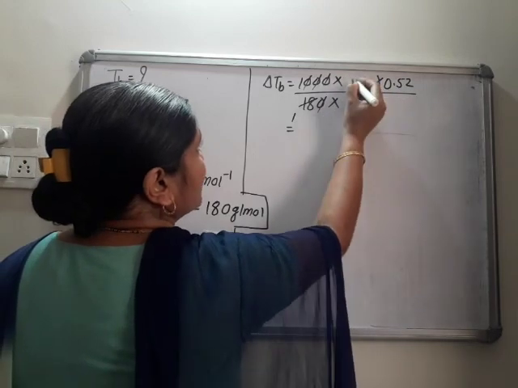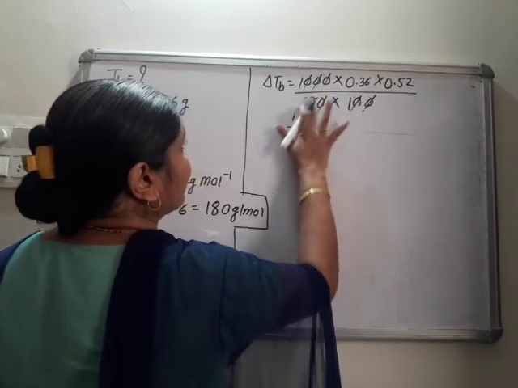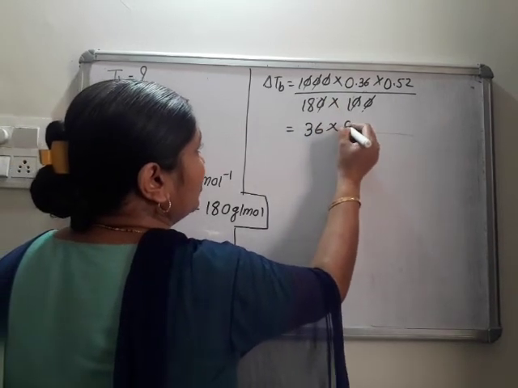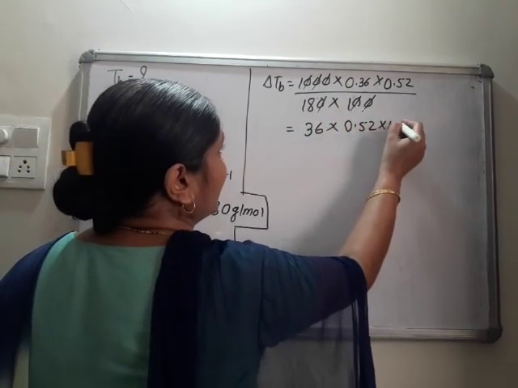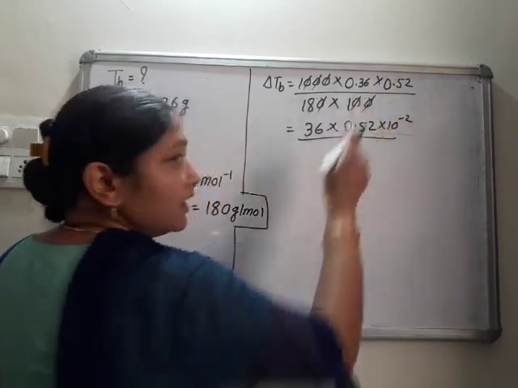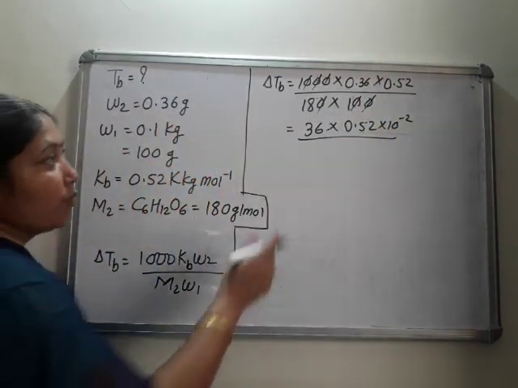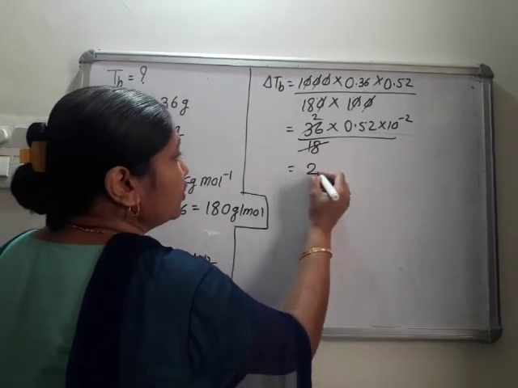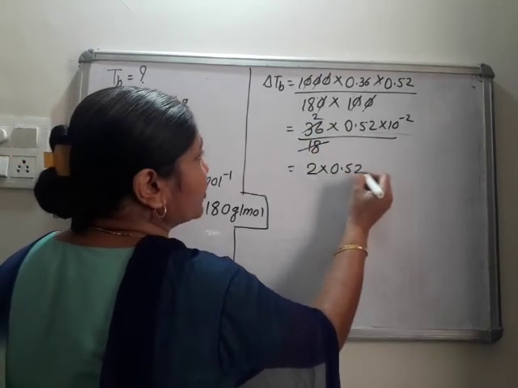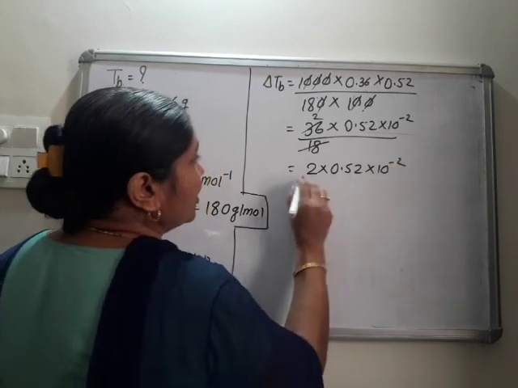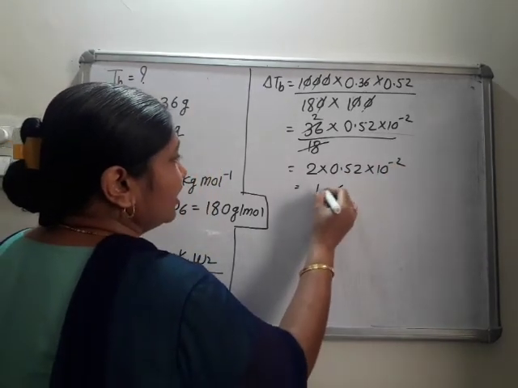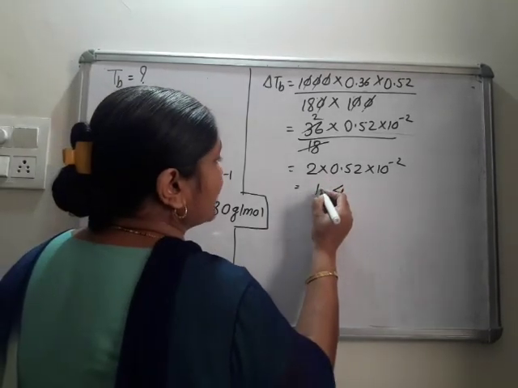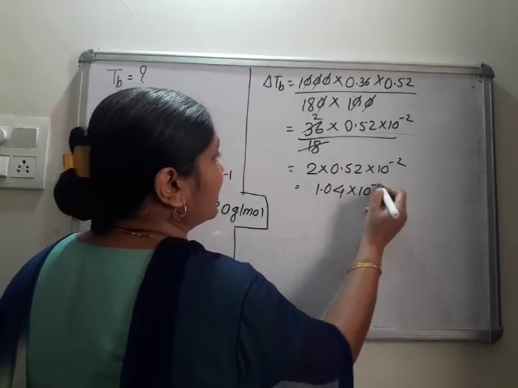See, we can write this as 36 into 0.52 into 10 raised to minus 2. Correct? This decimal I wrote as 10 raised to minus 2, and this is 18. So 18 twos are. So it is 2 into 0.52 into 10 raised to minus 2. So what is this multiplication? This is 10.4. No, 1.04. Yes. 1.04 into 10 raised to minus 2.